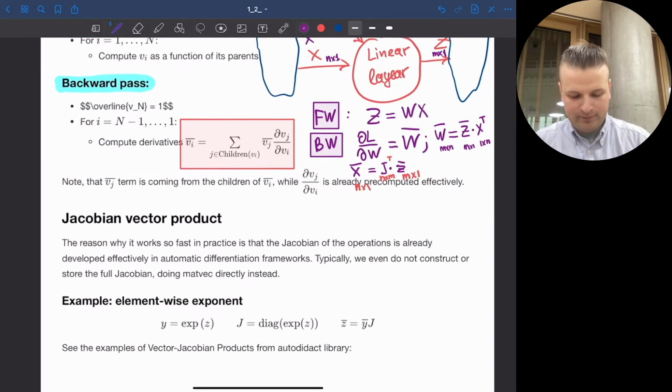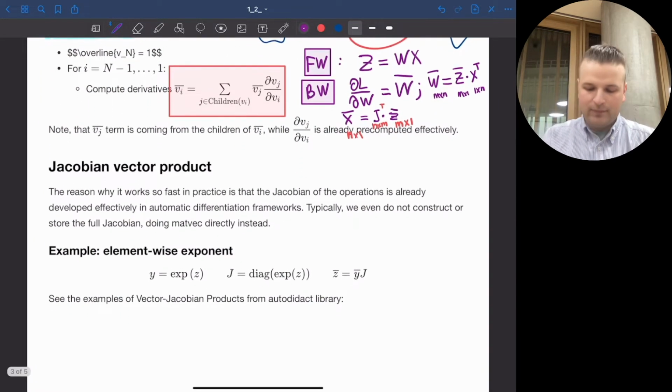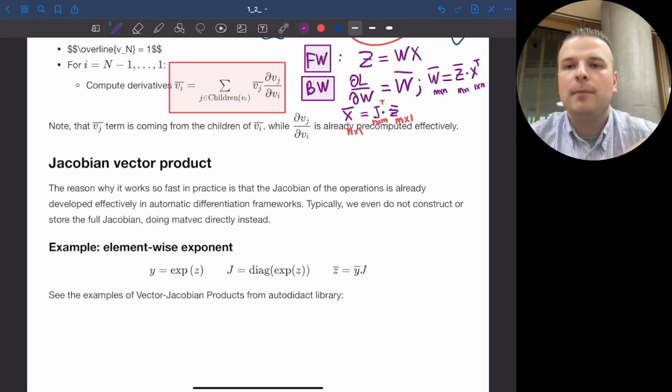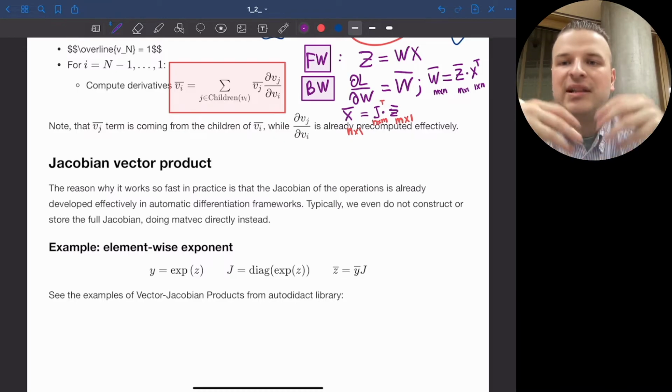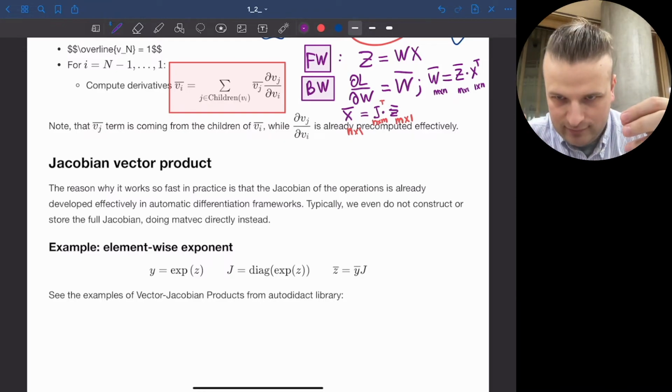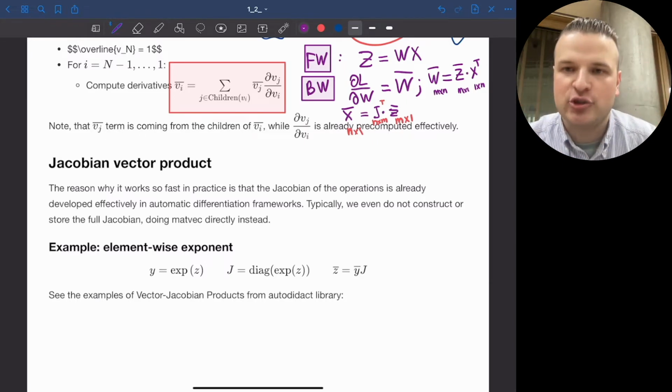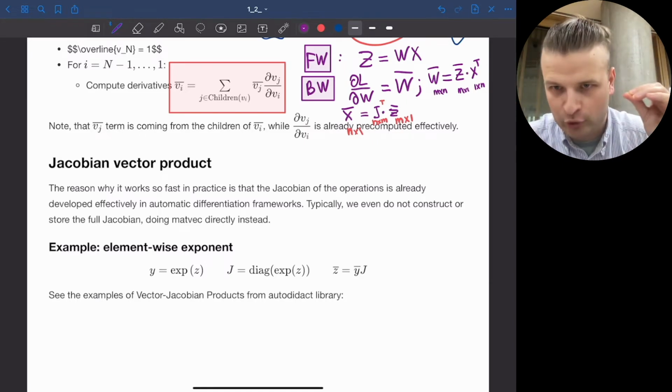And we typically do not construct the Jacobian matrix itself. We are doing matrix to vector multiplication directly, without storing or constructing the Jacobian matrix. That's super important here.